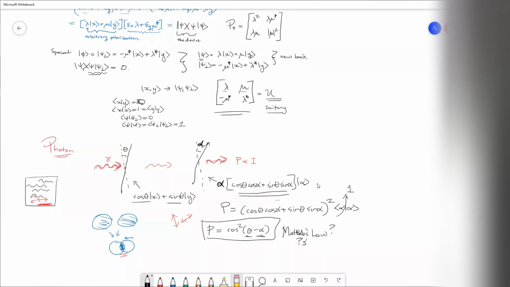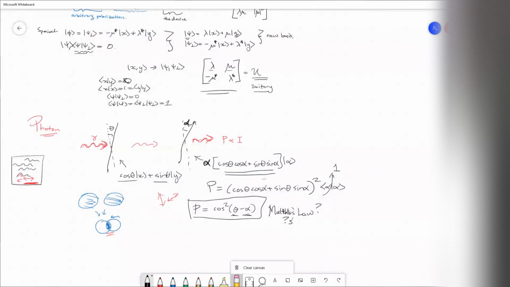Okay, yeah, I'll figure out how to spell it for next time. It's Malus. That's a famous law with the cosine squared theta.